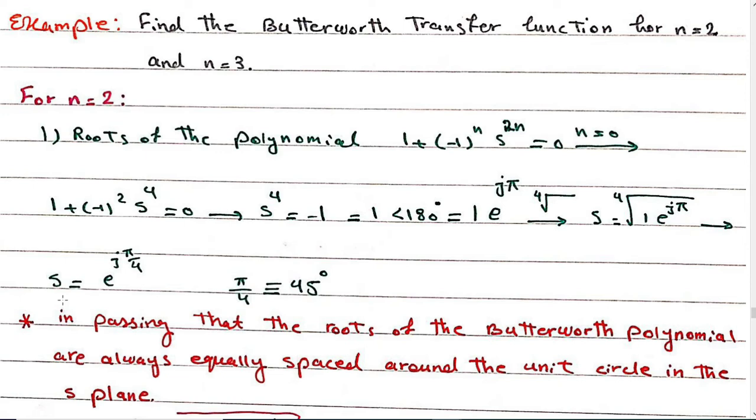This one squared is positive, so 1 plus s to the 4 is 0. So s to the 4 is minus 1, or negative 1. Okay, now s is e raised to the power j pi over 4.